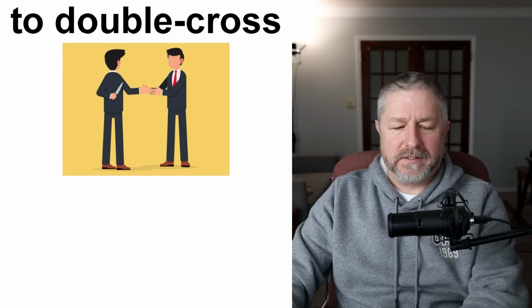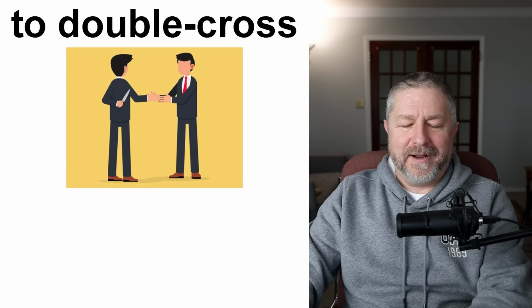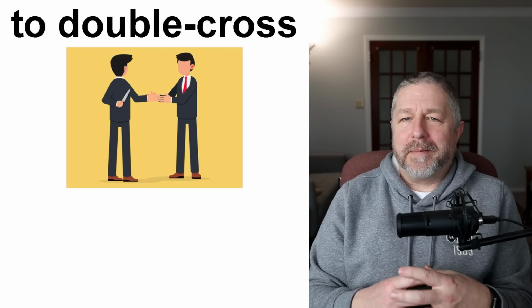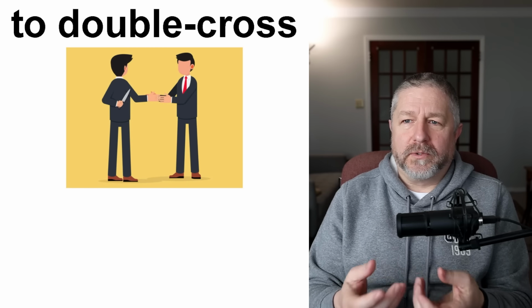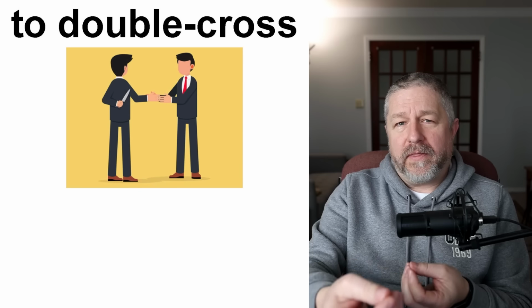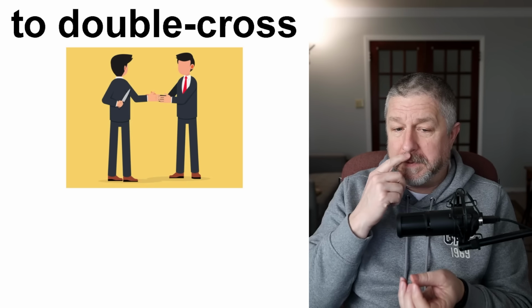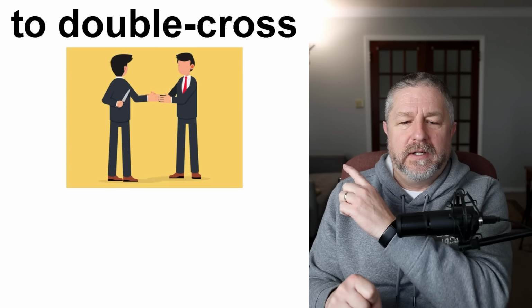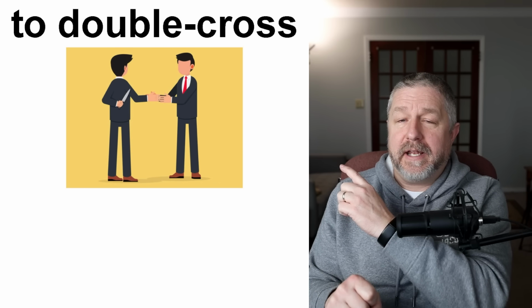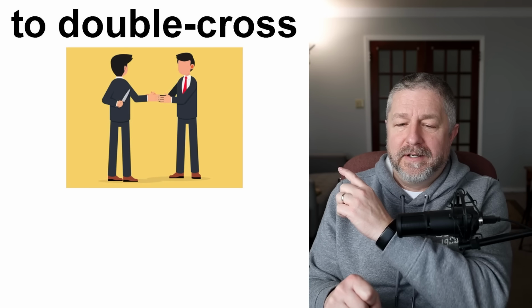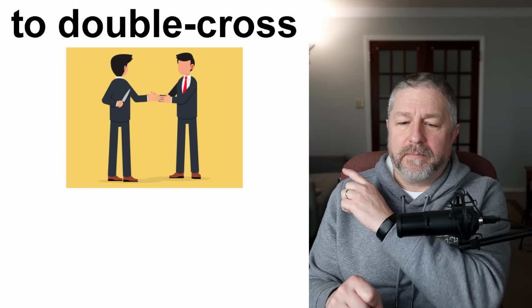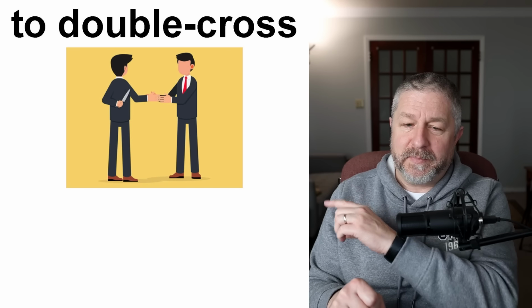To double cross. So it took me a long time to find a picture to represent double cross. When you double cross someone, they think you're working for them, but you're actually working for someone else. So you can see in this picture he's shaking the hand of the person as if he's that person's friend, but he has something ominous behind his back.